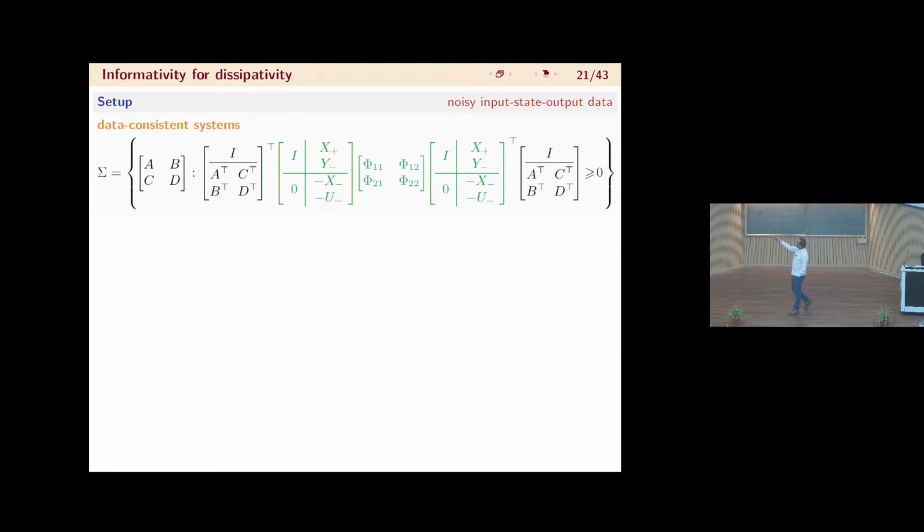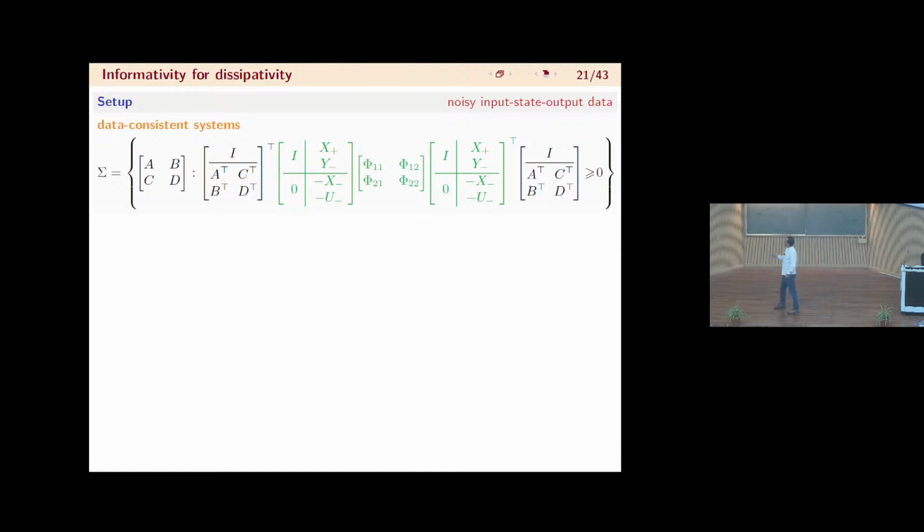And you see this time, not only do I have input and state, but also the output measurements. These are just algebraic manipulations, a little bit different from what we have done so far, but essentially the main principle is the same.